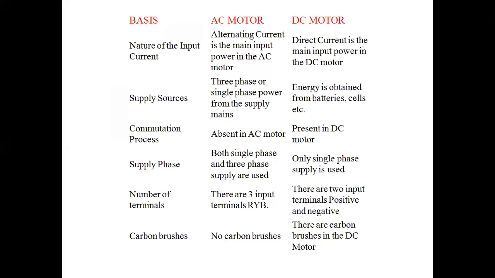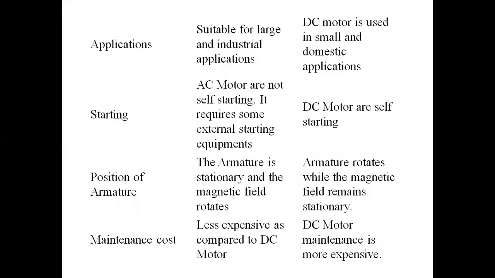And there are two terminals, positive and negative, in DC motor. Carbon brush: no carbon brush in AC motor, and there are carbon brushes in DC motor. Now application: AC motor is suitable for large and industrial application, but DC motor is used in small and domestic application.